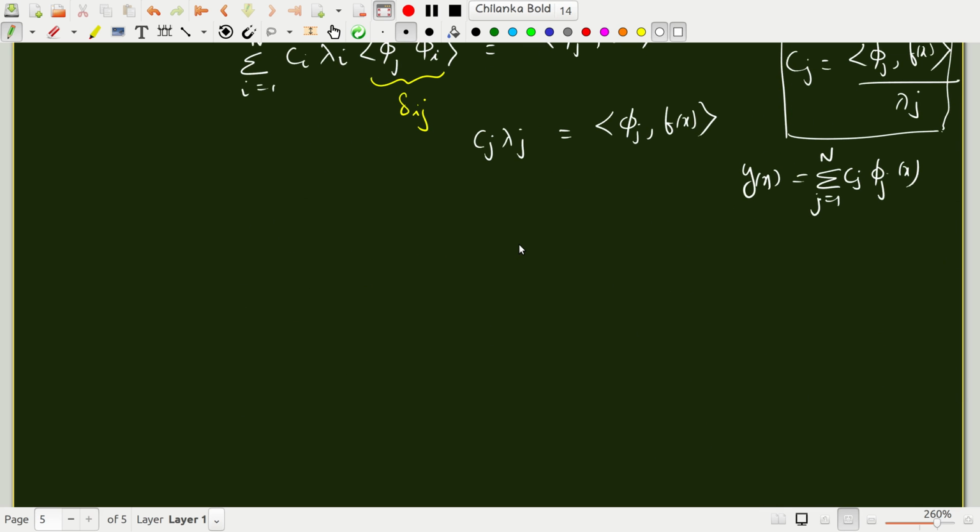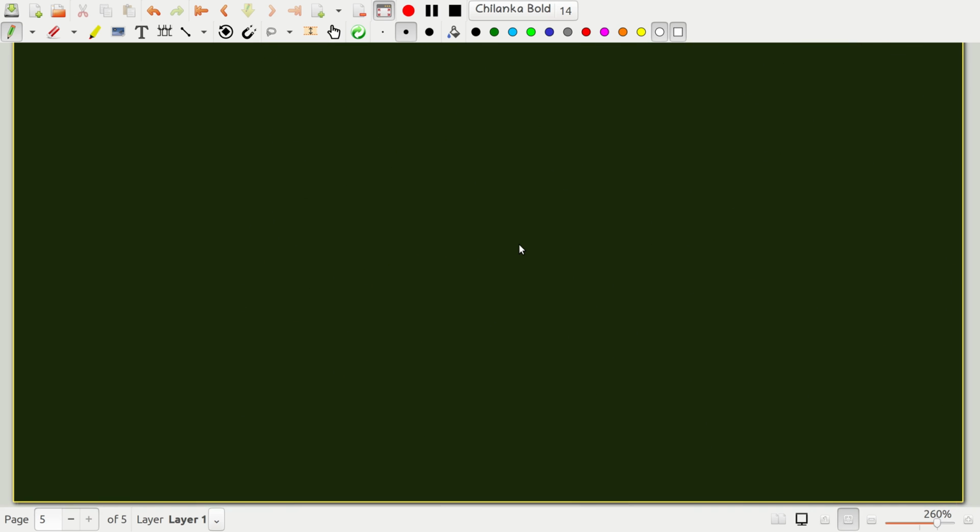So this is how one solves, let's say, a simple linear inhomogeneous differential equation using the method of eigenfunction expansions. Let's take a very simple example. Let's say the differential operator is L y equals minus d squared by dt squared of y.